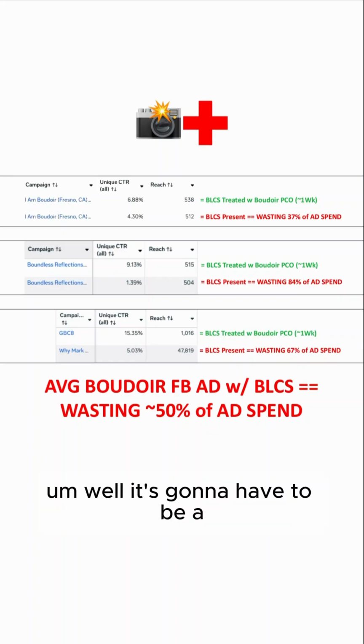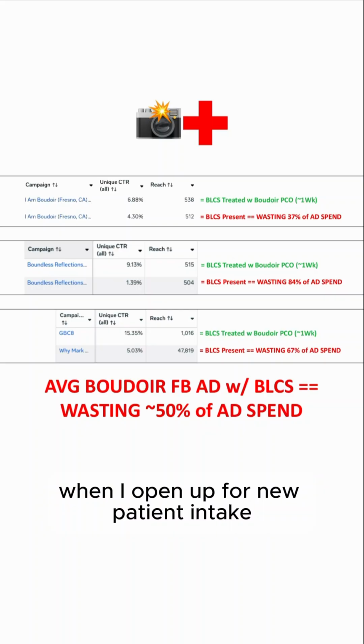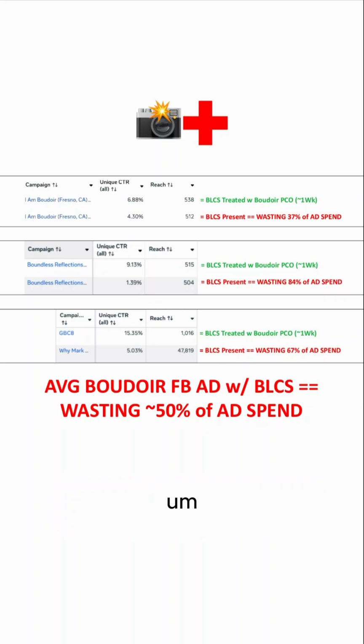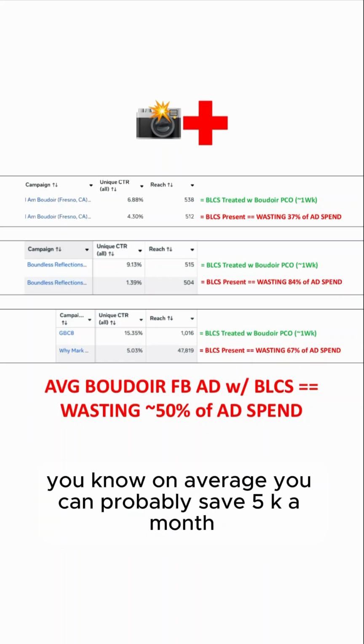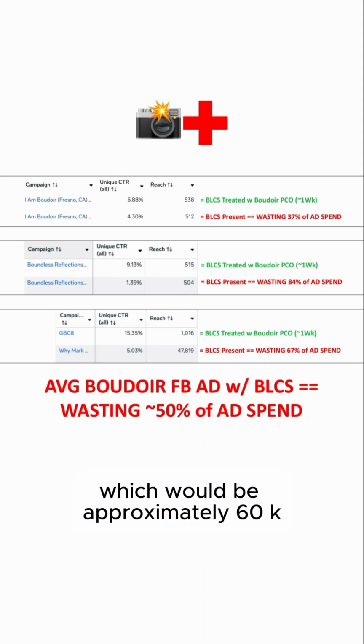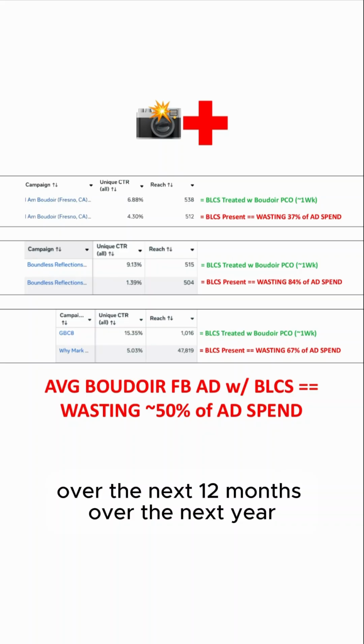Well, it's going to have to be when I open up for new patient intake. And since you're spending more than 10 grand a month, on average, you can probably save 5K a month, which would be approximately 60K over the next 12 months, over the next year.